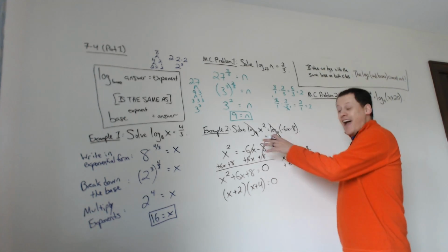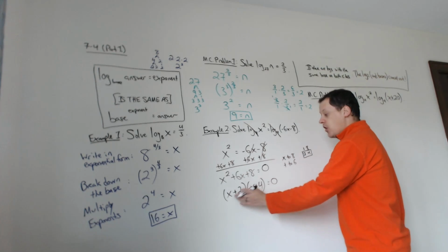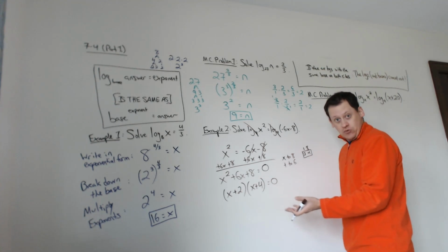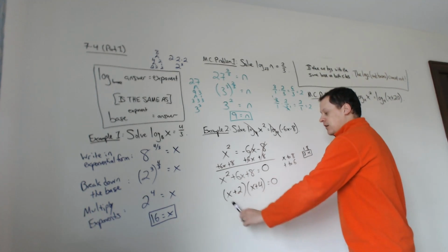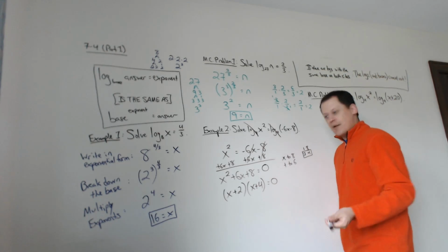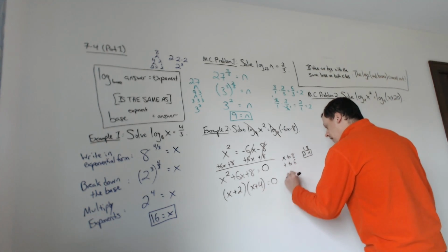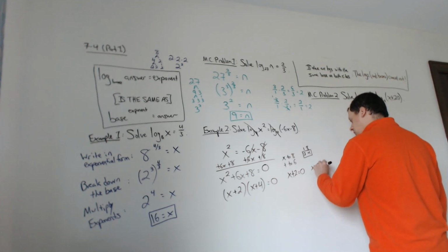Now it didn't say factor. It says solve. So we need to keep going. We need to know what values of x make this true. So what we're going to do, we're going to take each thing that's in parentheses and set it equal to 0 separately. So we've got x plus 2 equals 0 and x plus 4 equals 0.